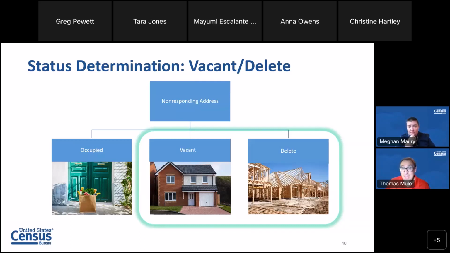Based on that, and also as part of our 2018 test, while we had tested during the decade conducting no visits to these addresses, we decided after our 2018 end-to-end test to visit these addresses at least once, as an additional measure to make sure that we were counting everyone.